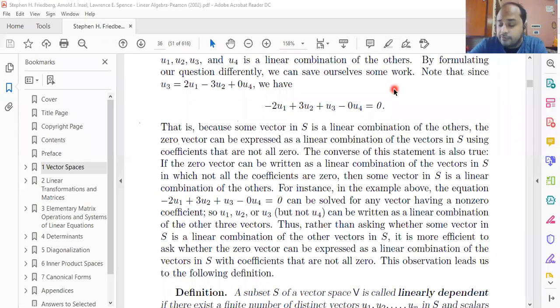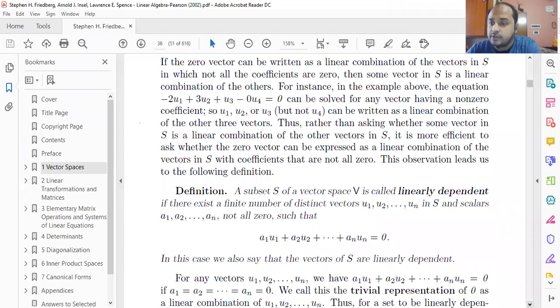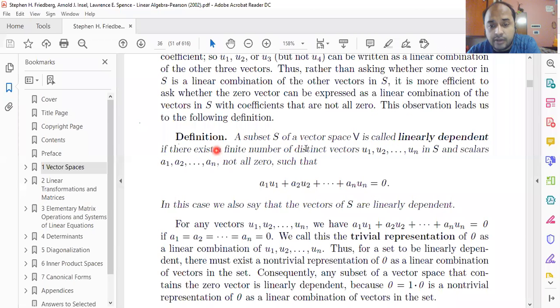From this observation, they have tried to define something which is very important for further study in vector spaces. A subset capital S of a vector space V is called linearly dependent if there exists a finite number of distinct vectors U1, U2, ..., UN.